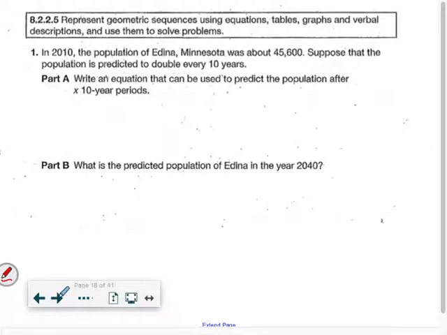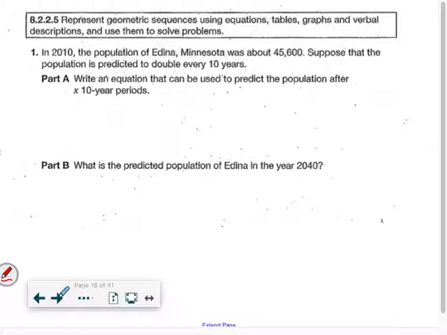Our last benchmark for today is 8225. Represent geometric sequences using equations, tables, graphs, and verbal descriptions, and use them to solve problems. So, number one, in the year 2010, the population of Edina, Minnesota was about 45,600.